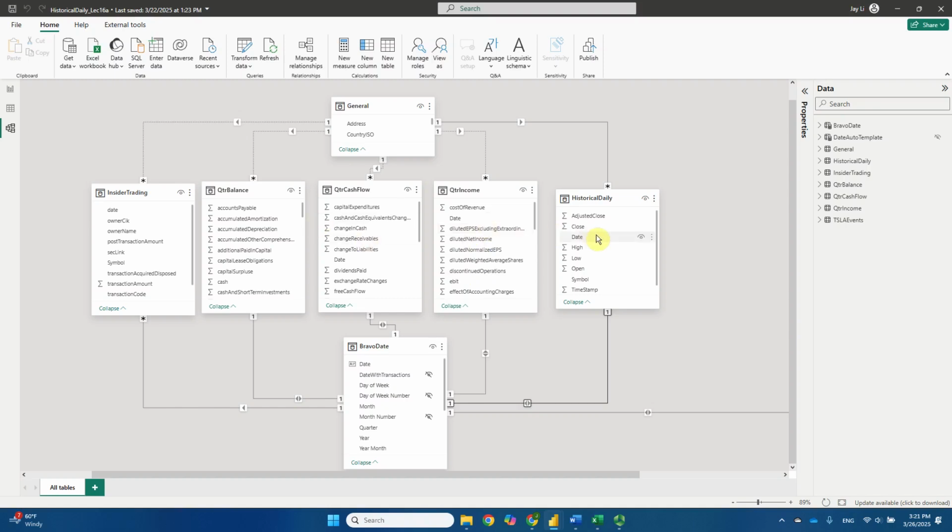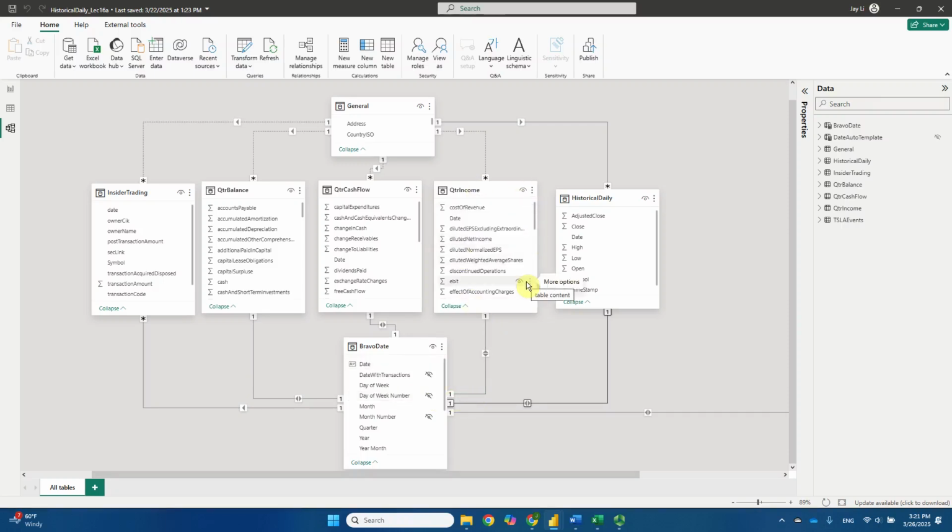That's why, just using this date dimension, we can have this one-to-one relationship between the balance sheet and the income statement, or between the balance sheet and this historical daily table. You can see here's a one-to-one relationship going to the date table, then again a one-to-one relationship going to the balance sheet. If you want to go from the balance sheet to the income statement, again there's a one-to-one relationship to the date table, and then through a one-to-one relationship you get to the income statement.